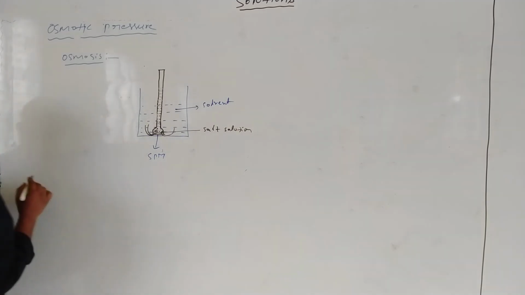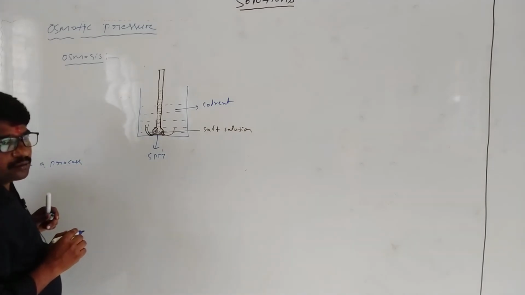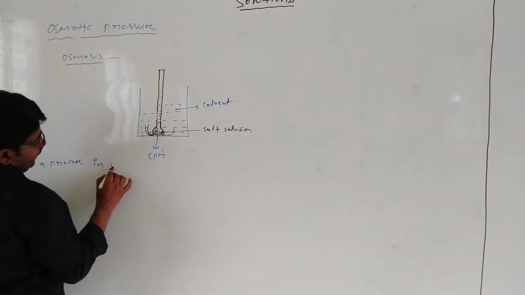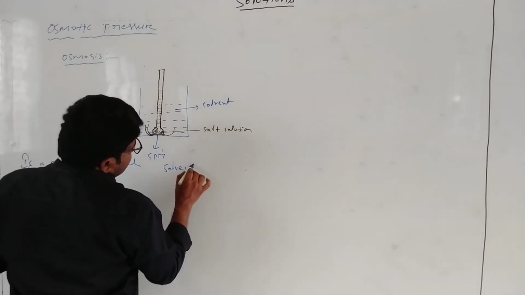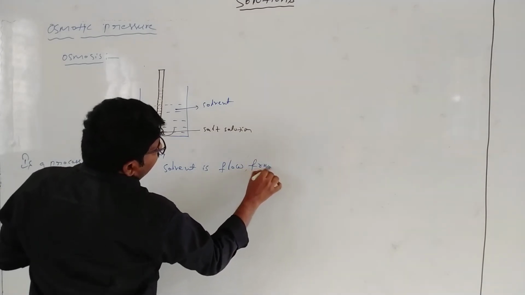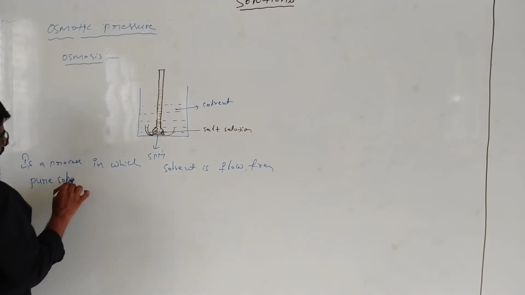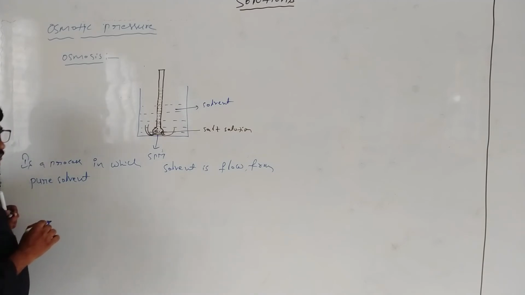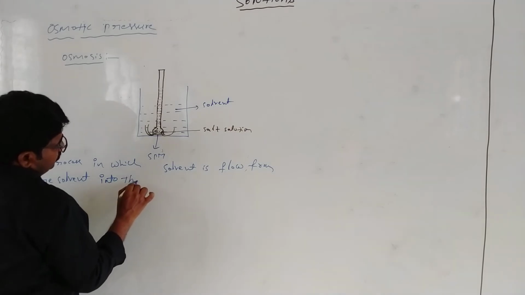Now to define osmosis. Osmosis is a process in which solvent flows from pure solvent into the solution.